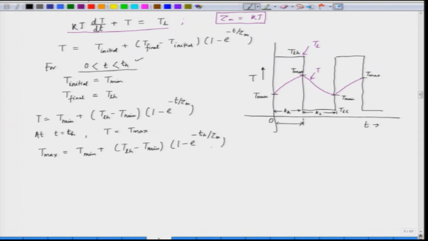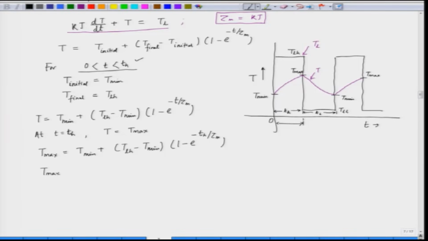Now, this is the equation from which we can find out what is the inertia. From this equation we can readjust the various terms here.